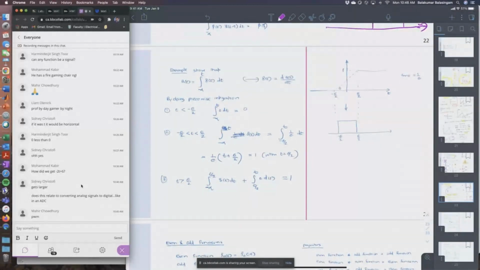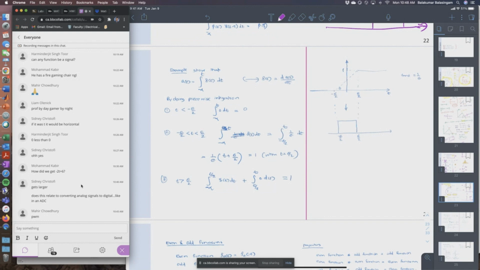An example to show that: u(t) is the integral from minus infinity to t of delta t.